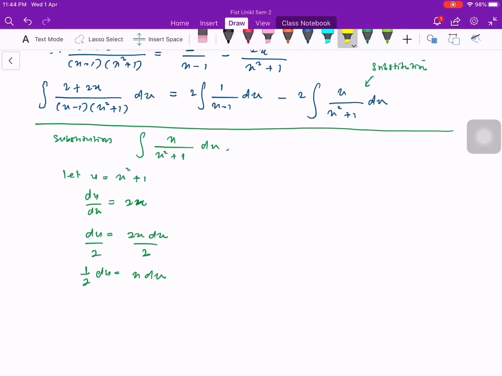So if you can see this x dx, okay, we can simply substitute with half du, and this x squared plus 1 here we simply substitute with u. Therefore, if you rewrite again this, kalau saya tulis balik, saya boleh tulis dalam bentuk x dx over x squared plus 1. Okay, so that you can see the substitution here. After we substitute, kita akan dapat integral of half du over u.